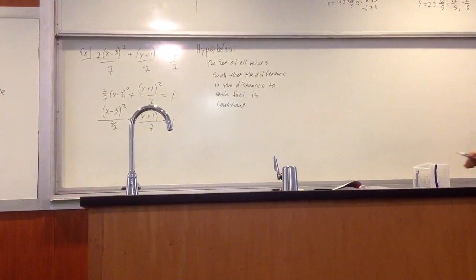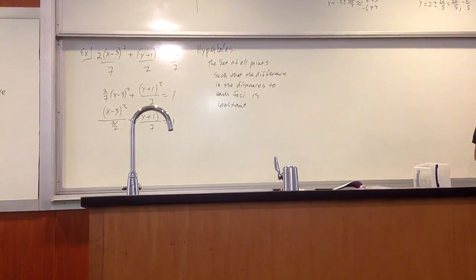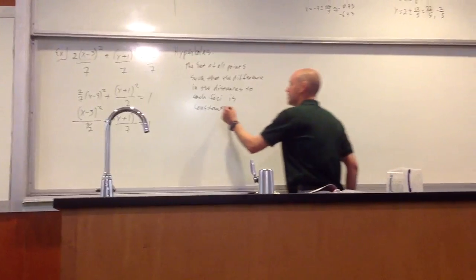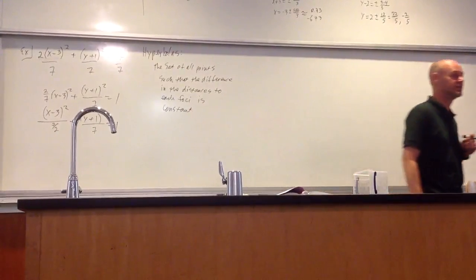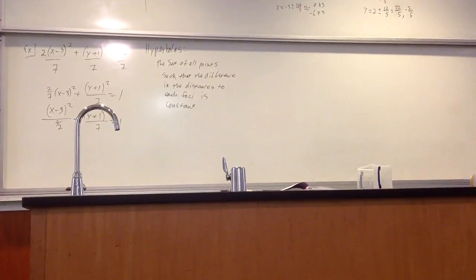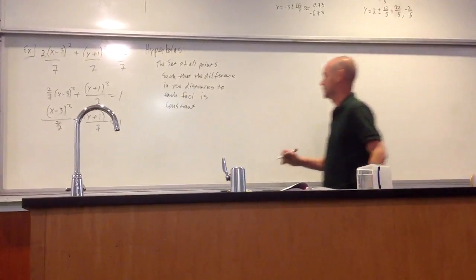The difference in the distances to each foci is constant. This is different than an ellipse, where it was the sum of the distances from each foci that is constant. Here's what this means.